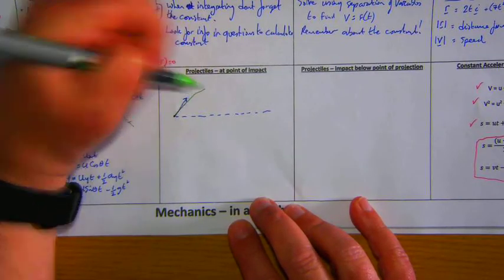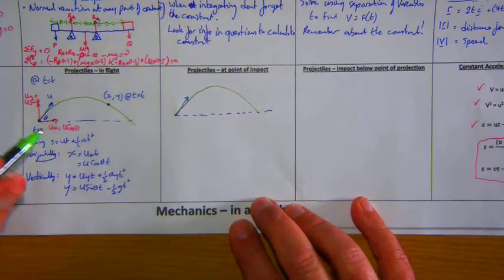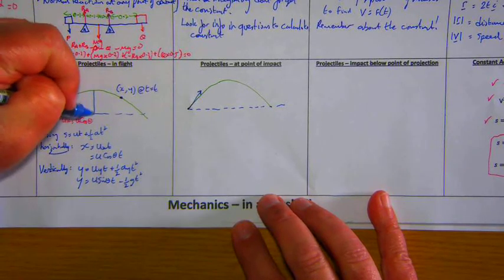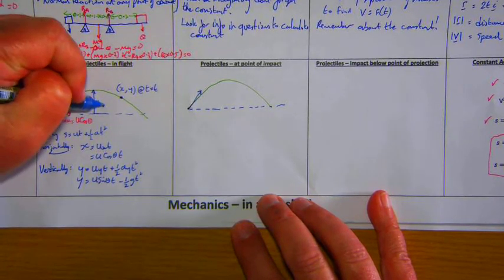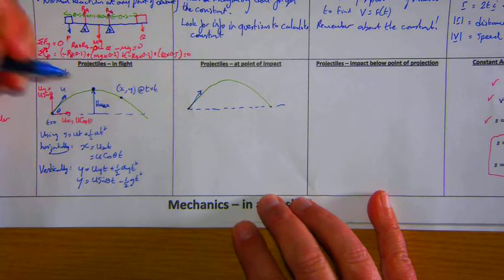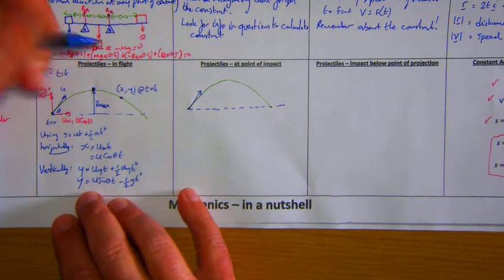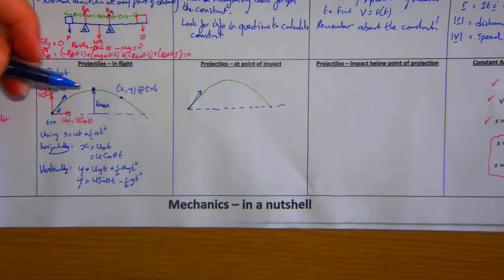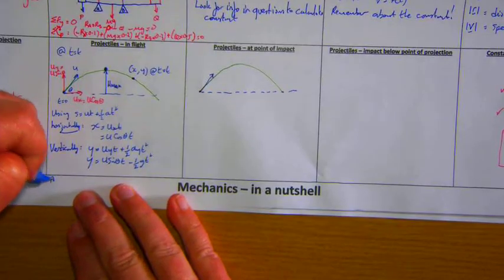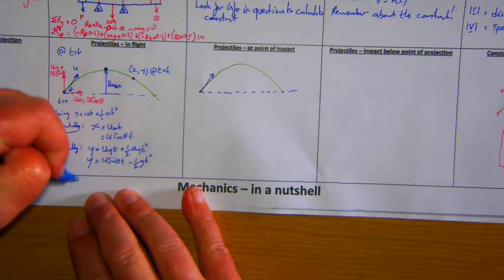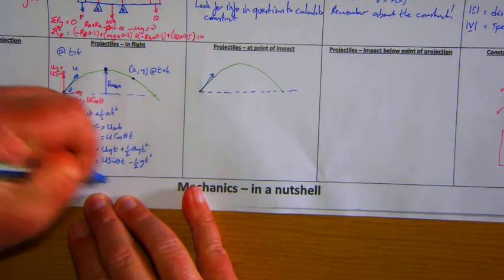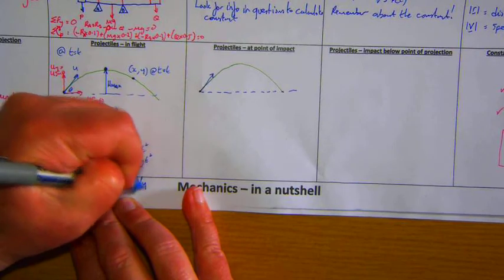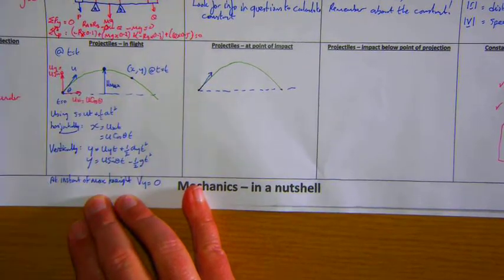So this is going to fly. Oh, I forgot to mention here maximum height. At the maximum height, at that particular point there, it's stopped moving vertically. So at that instant of max height, the y component of velocity equals 0.